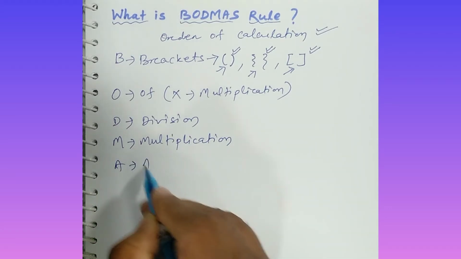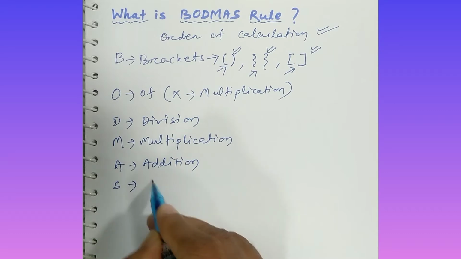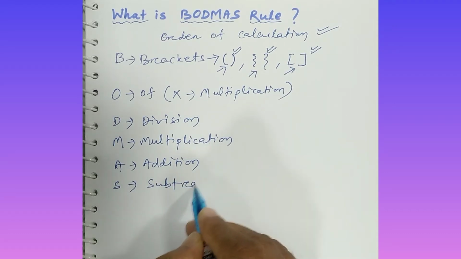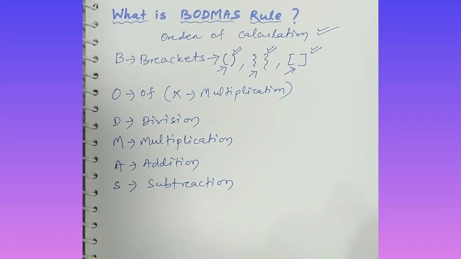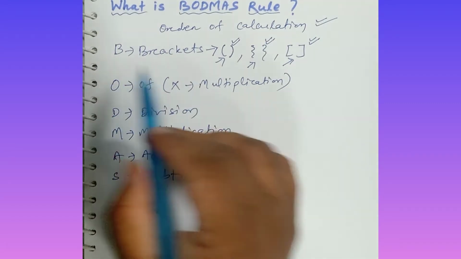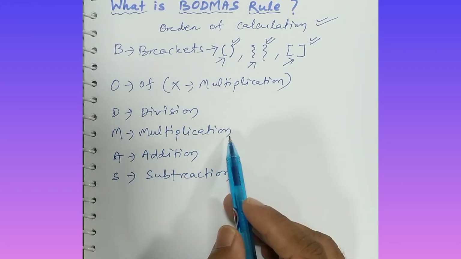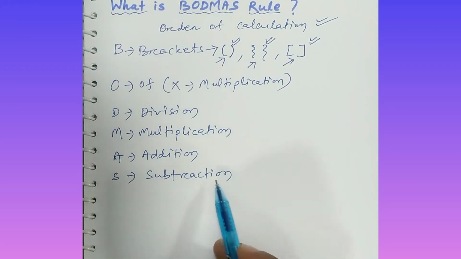Similarly, A means addition, and S means subtraction. All these full forms you have to remember. So B stands for brackets, O for of, D for division, M for multiplication, A for addition, S for subtraction. According to this order of calculation you have to solve it.